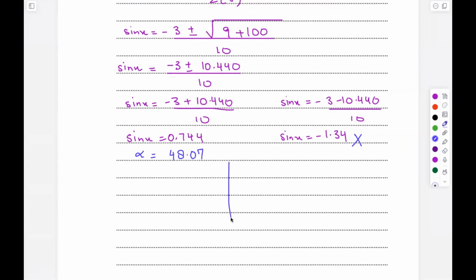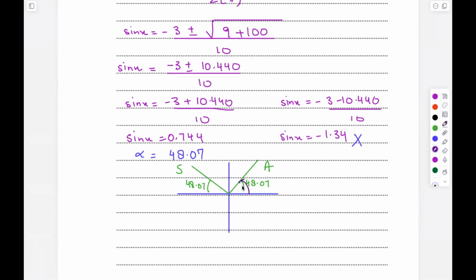And as the sign is positive, we'll take the values of x in the positive quadrants of sine. So sine is positive in the first and the second quadrant. So we'll make the basic angle 48.07 in the first quadrant, and in the second quadrant, once we have the basic angles, now we can find x.